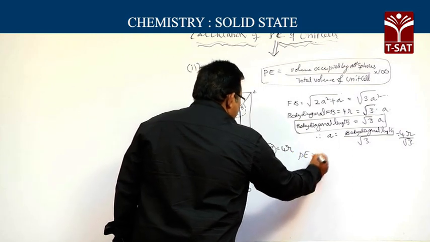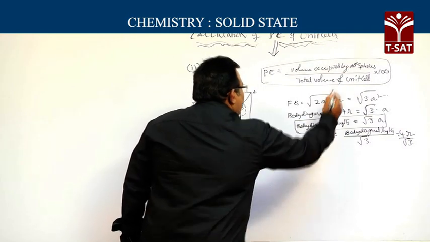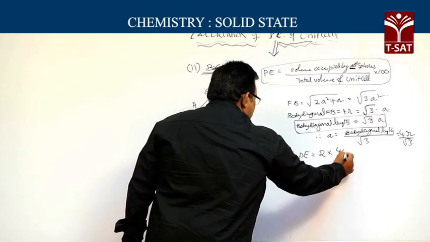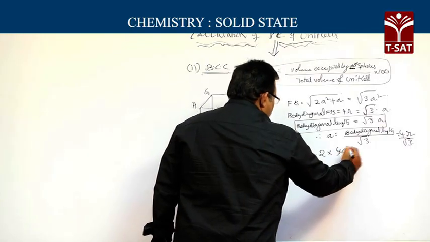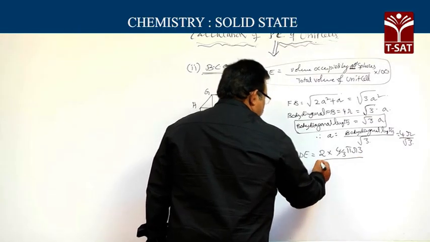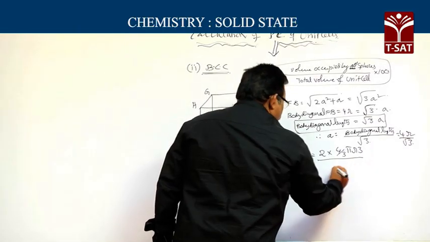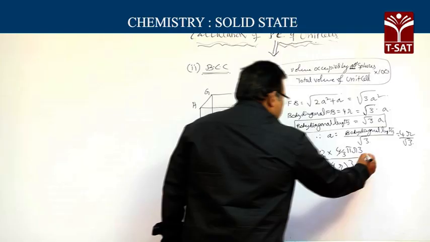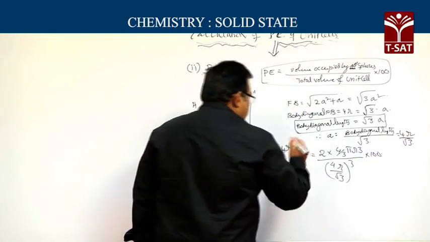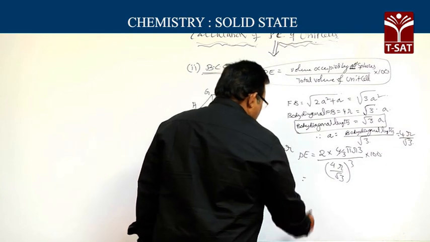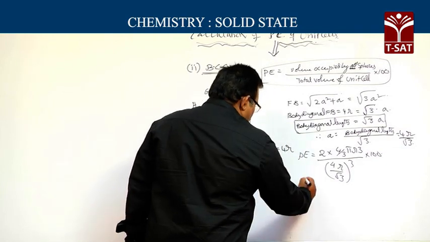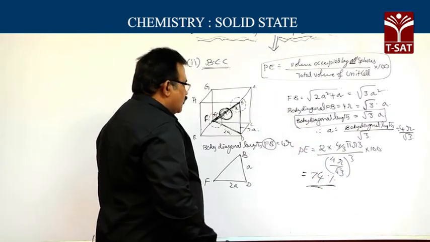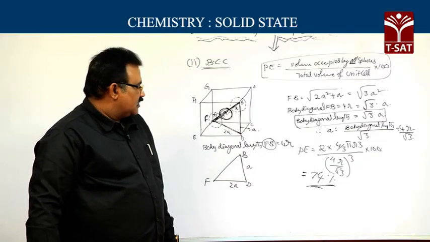Therefore, packing efficiency is equal to total spheres 2, and each sphere volume is 4/3 pi r cube, by volume of the unit cell, which is 4r by root 3 whole cube, into 100. This gives around 74%. Upon simplification, you will get 68%.